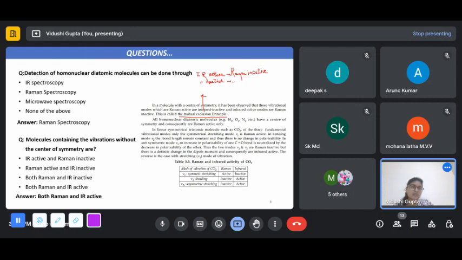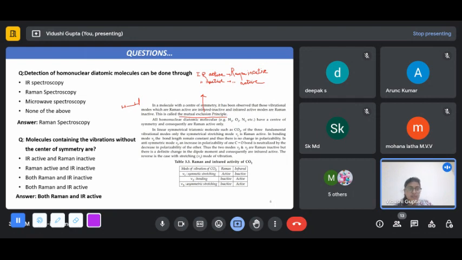Now H2, O2 and N2 have center of symmetry. Center of symmetry is present in these homonuclear diatomic molecules. As they are IR inactive, they will be Raman active.